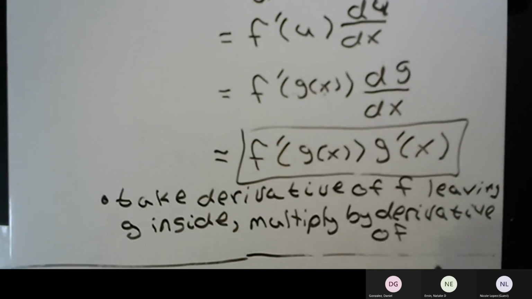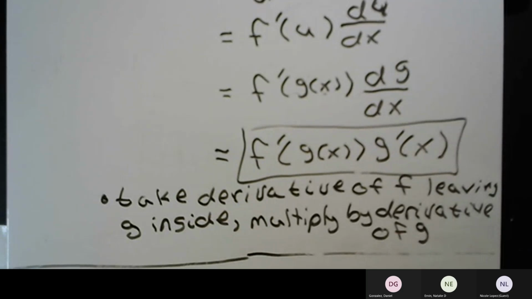Squeeze that in there. Multiply by the derivative of g. And we'll do some examples here. So any questions about this?